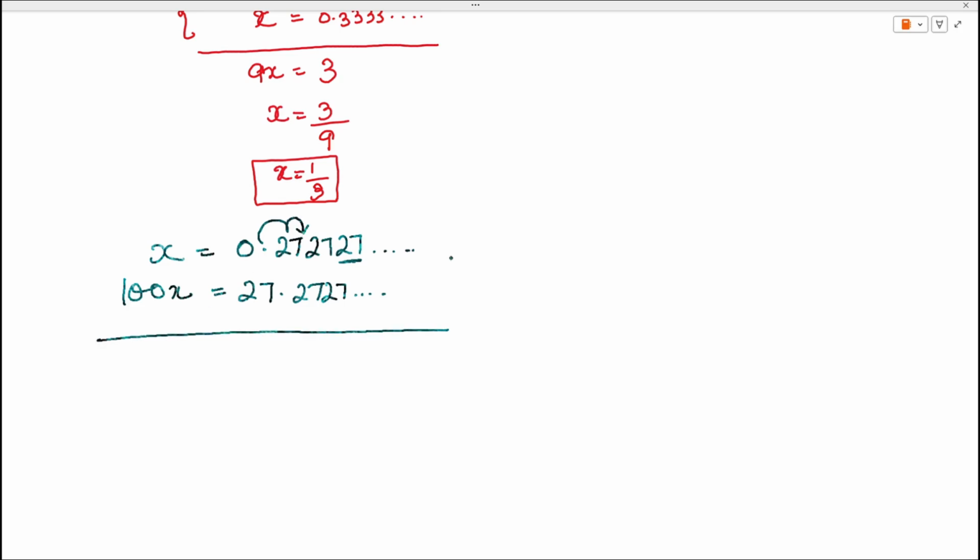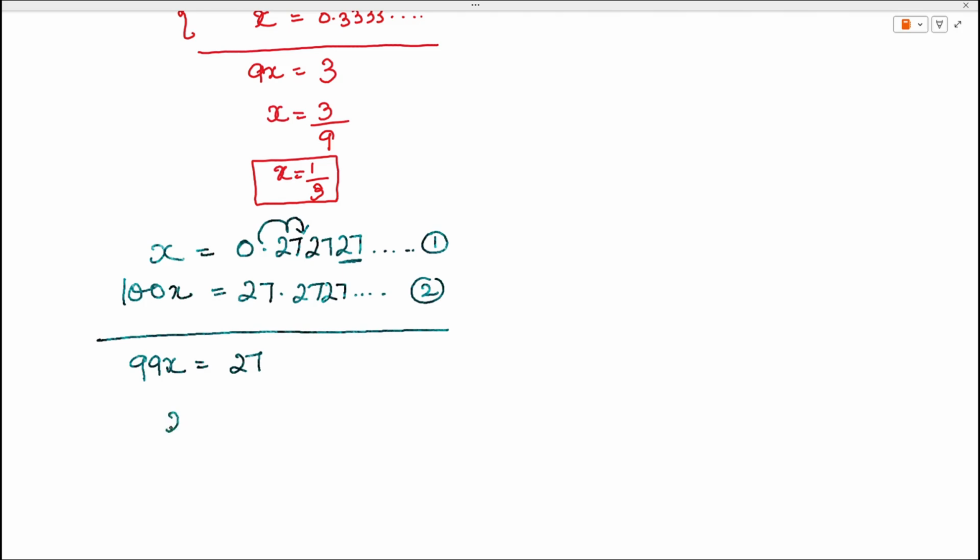Now we can subtract equation number 1 from equation number 2. So 100x minus x gives us 99x. And 27.2727 repeated, when we subtract 0.2727 repeated, we just get 27.